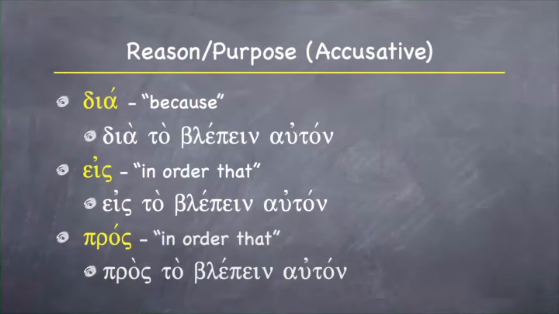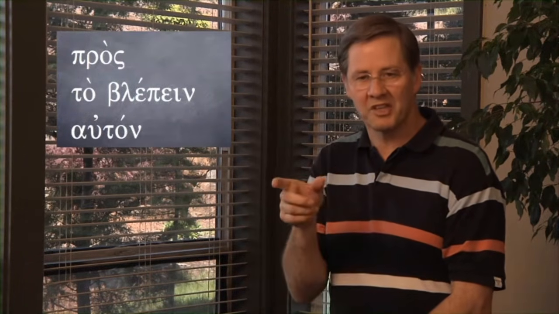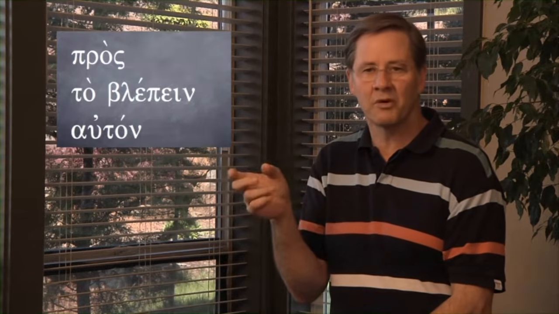Okay, the second preposition that's going to occur like this is eis. And eis is indicating purpose. And so on your vocabulary card you're going to say eis with an articular infinitive, and flip it over, and it's going to say "in order that." So if you have eis ta blepein auton, it's "in order that he sees." Okay, the third preposition that will occur like this is pros. And pros with the articular infinitive, again, means "in order that."